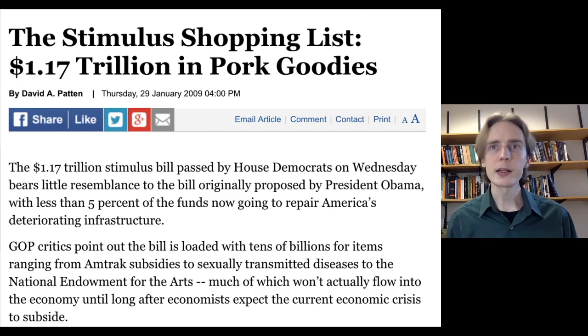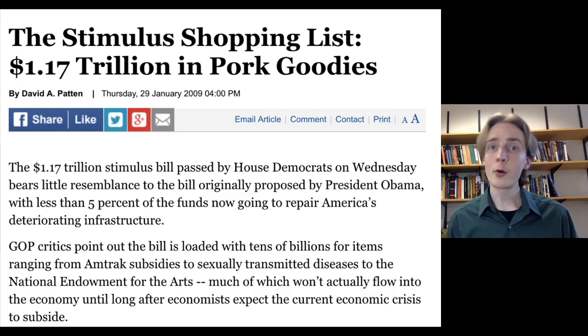So in this case, you see lots and lots of money appropriated for things like trains, funding for pet projects, National Endowment of the Arts, and you'll notice here this last sentence, much of which won't actually flow into the economy until long after economists expect the current crisis to subside. Right? So there's long and variable lags in fiscal policy too.